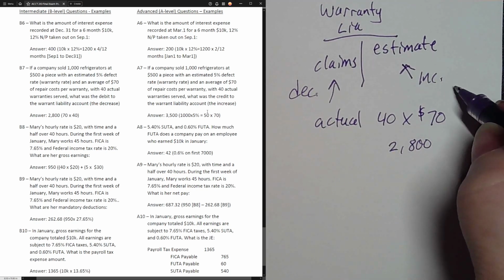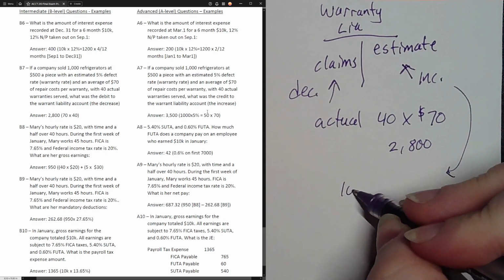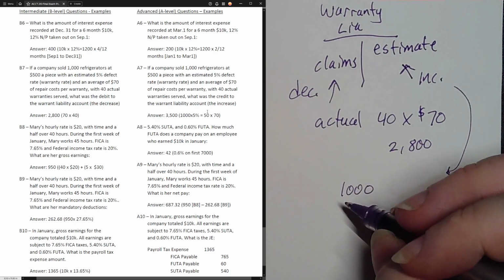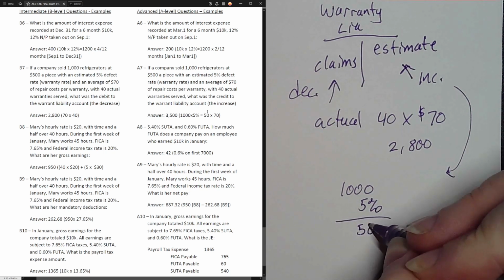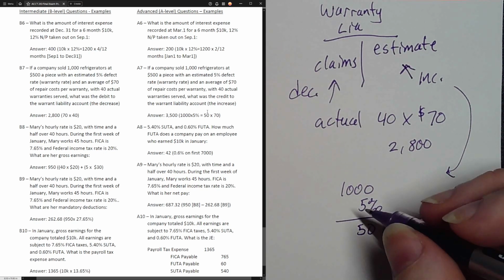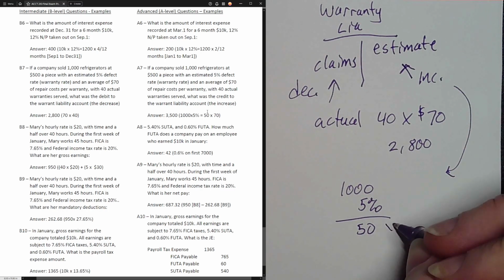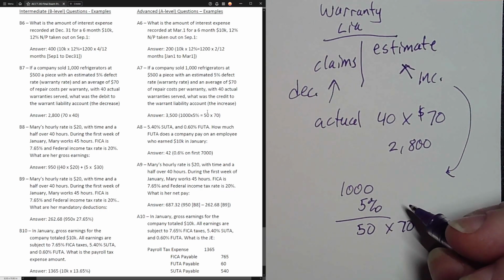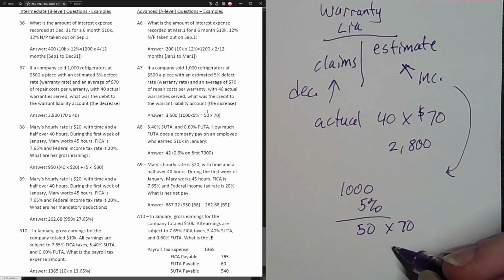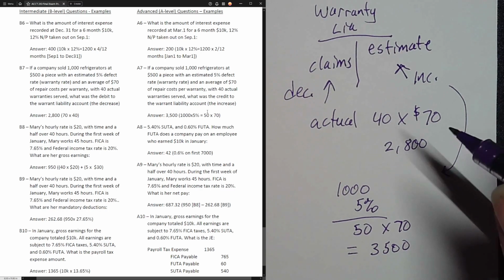Well, we're going to say that's 1,000 fridges. It's going to be a 5% defect rate, or 50 times $70 per our estimate of the average, and that's going to end up being 3,500. So what did we do?